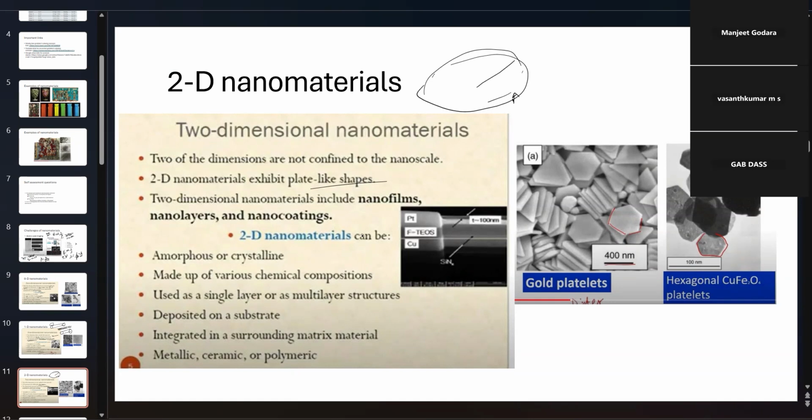Nanofilms are usually a very thin single layer of material. If you have multiple of these, you have nanolayers, or if it's on another material, coating it, you can call it a nanocoating. Some examples: gold nanoplatelets, with triangular or hexagonal shapes, and hexagonal copper iron oxide platelets.